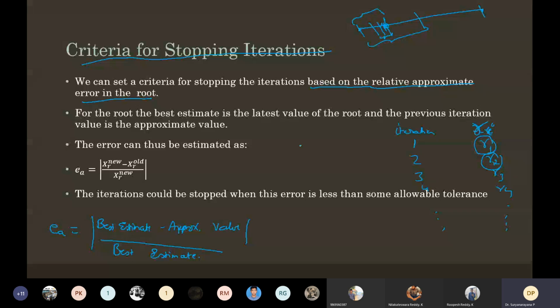So at any level, if you want to find an error, you take the new value of the root minus the previous value of the root from the last iteration, divided by the best estimate, which is the new value of the root, absolute value. Okay, so for all iterative solutions, wherever there is iteration involved, this can be taken as the definition of approximate error. Okay, so that is about approximate error.